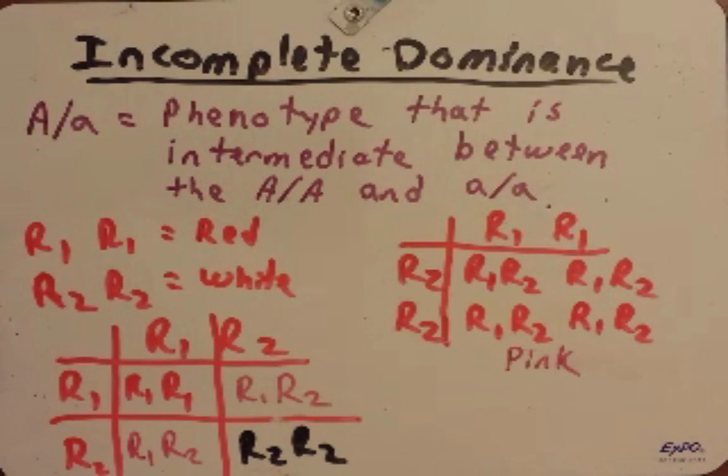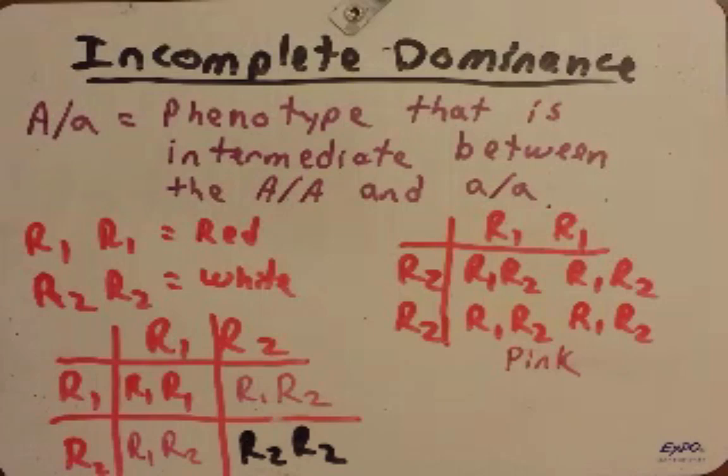So as we can see here, Mendel's rules still apply. We still follow the genes as they're being segregated into gametes, and as they're forming progeny here, you follow the same rules once again. It's just that the interpretation of the phenotype is now different. We don't have a case where R1 is completely dominant to R2. Instead, R1 is incompletely dominant with R2.